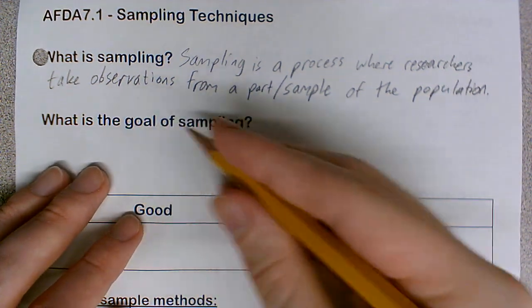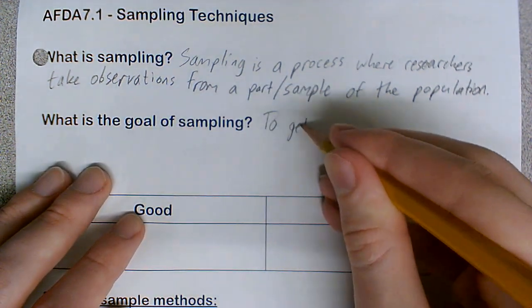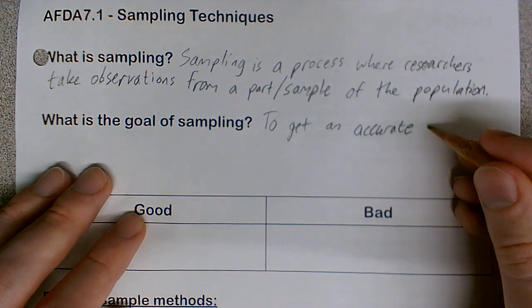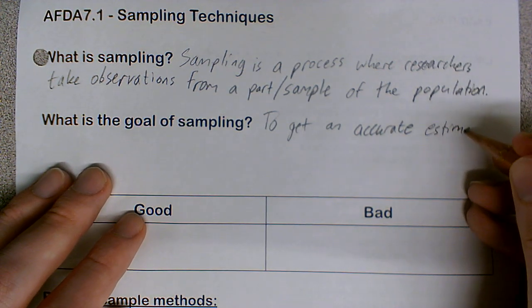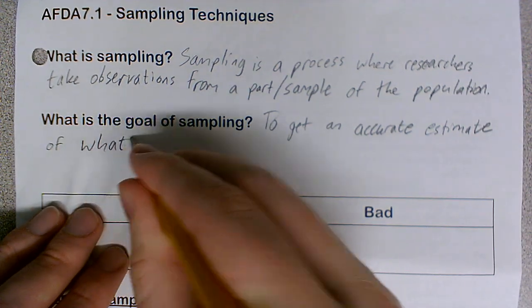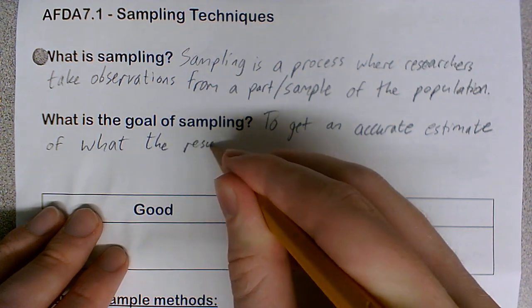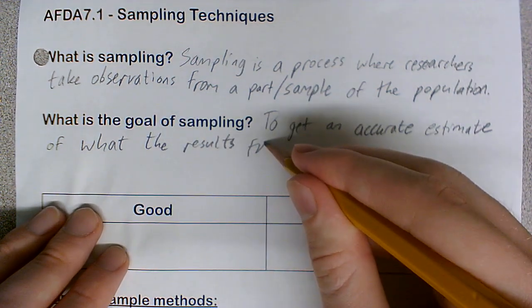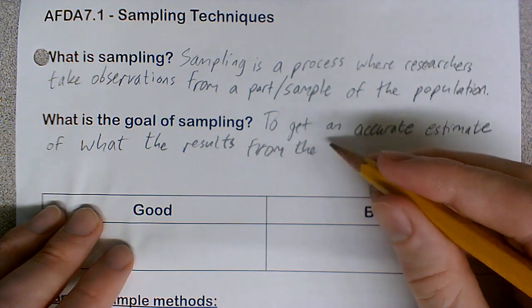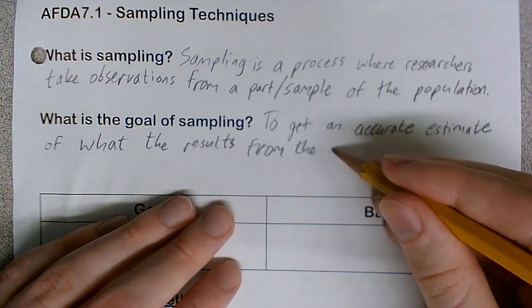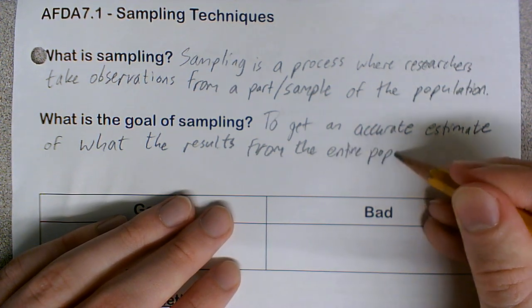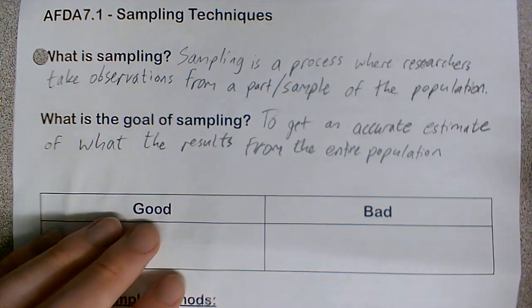The goal of sampling is to get an accurate estimate of what the results from the actual survey, or from the entire population, would look like.